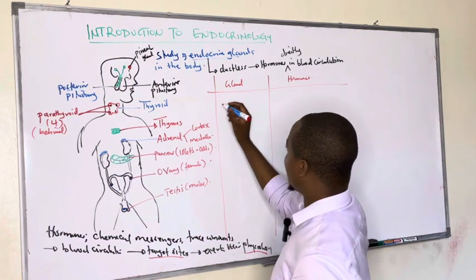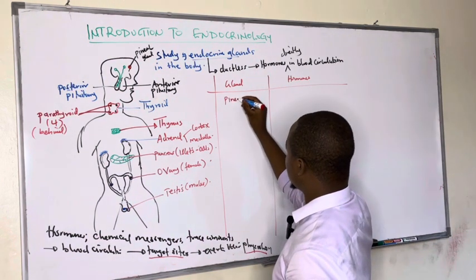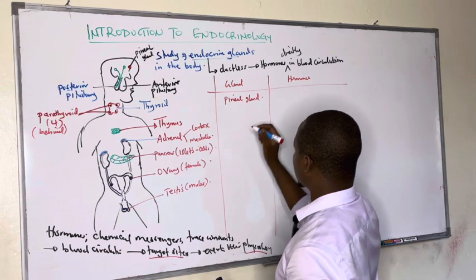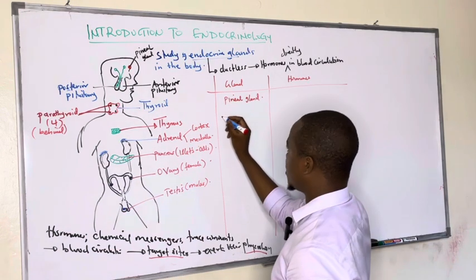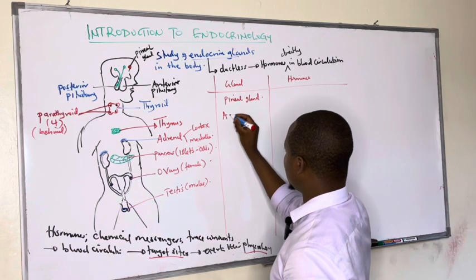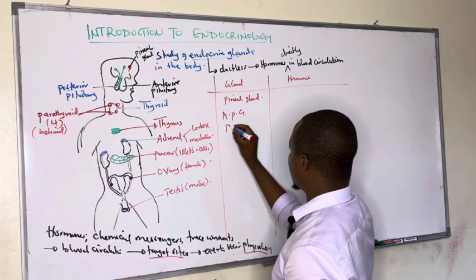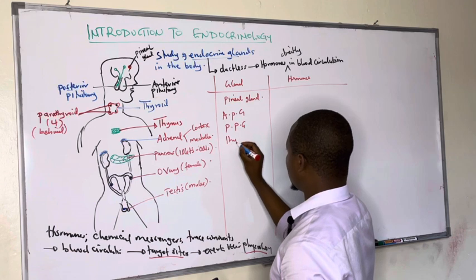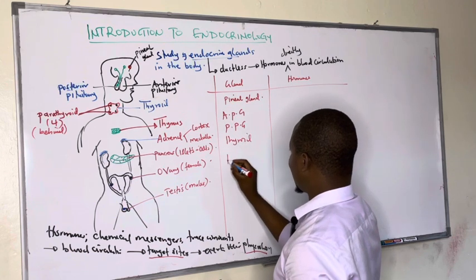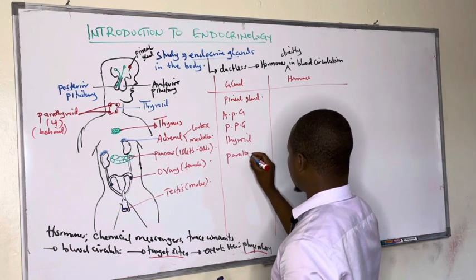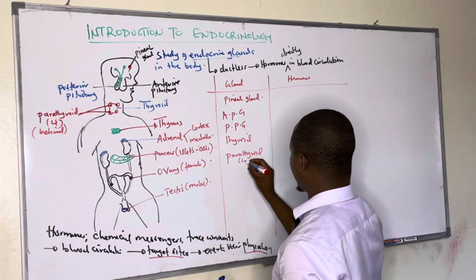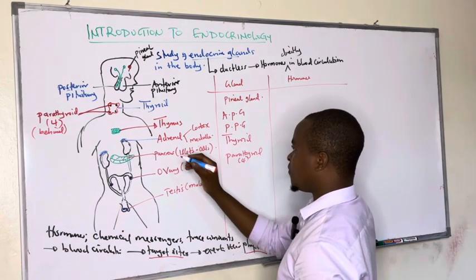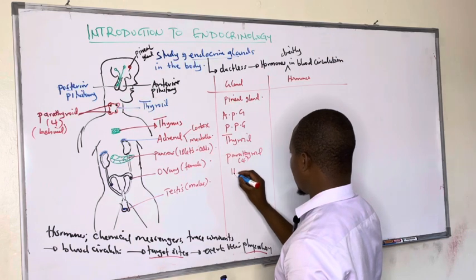After understanding what a hormone is, we now want to see, for each gland, which hormones it produces. We have the pineal gland, the anterior pituitary gland, the posterior pituitary gland, then the thyroid. We have the parathyroid, which I said there are 4, found behind the thyroid. Then we have the thymus.